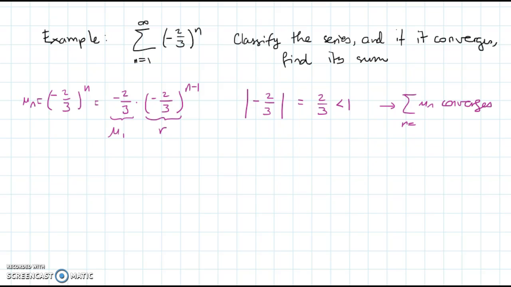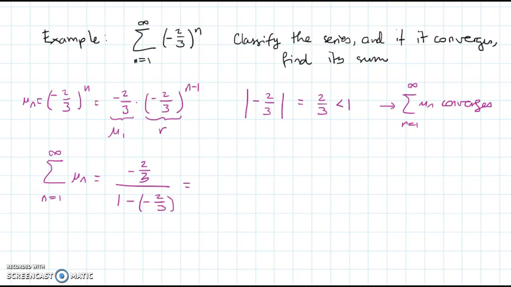So we have classified it, and now we go ahead to find the sum. We have the formula we have seen for this. It is the initial term, minus 2/3, divided by 1 minus the common ratio.